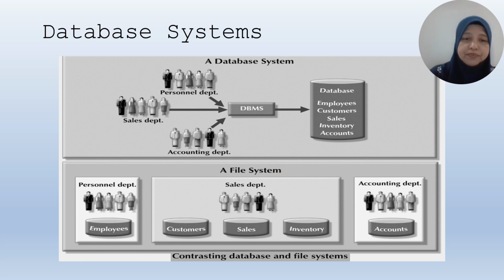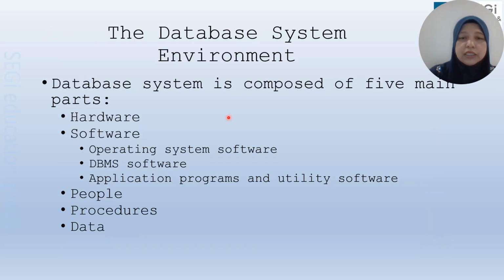Alright, so database system is composed of 5 main components, which are hardware, software, people, procedures, and data. For us to set up a database system, of course we have to have the hardware.